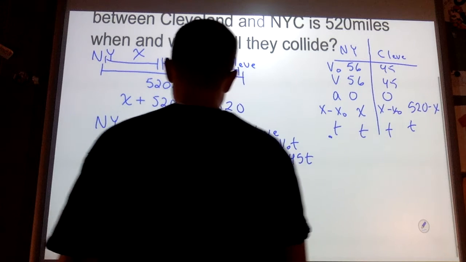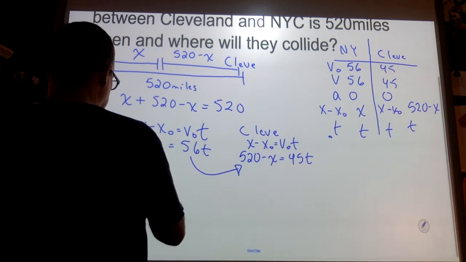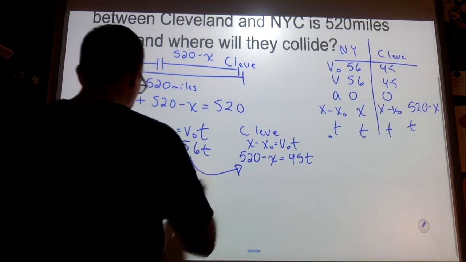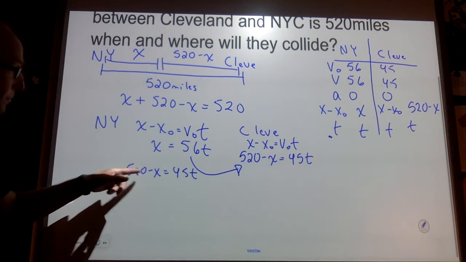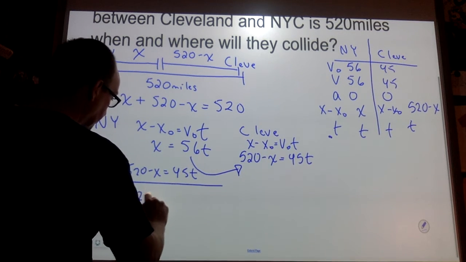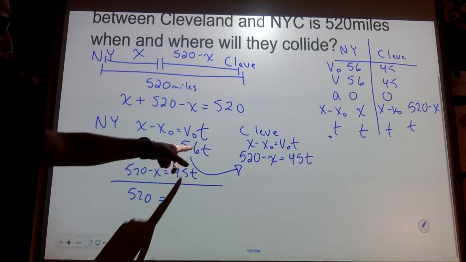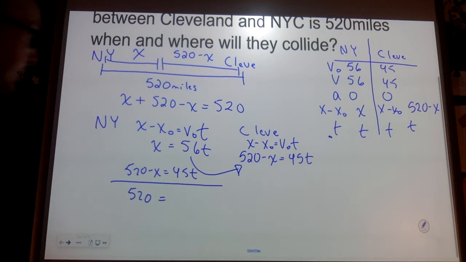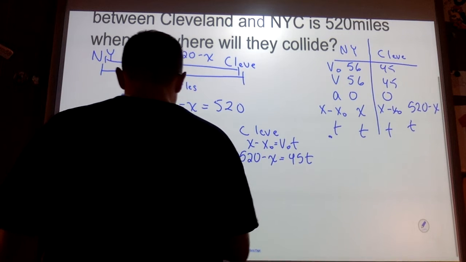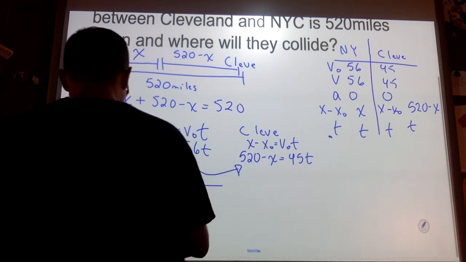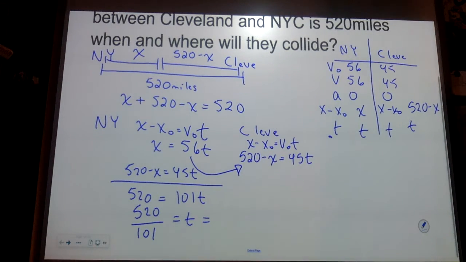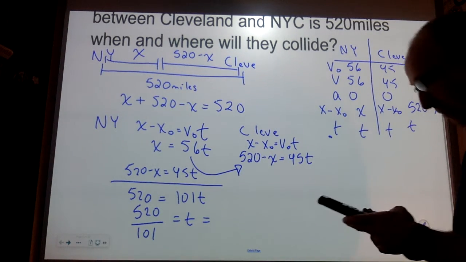So if I add the two equations together, I have 520 minus x plus x is 520, and that's going to be equal to 56t plus 45t, which is going to be 101t. And so t is going to be 520 divided by 101. Again, this is going to give me an answer in hours.